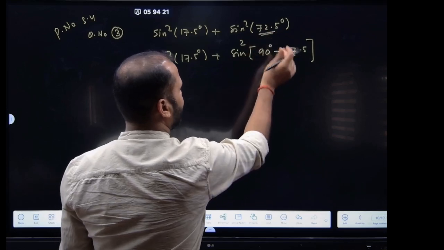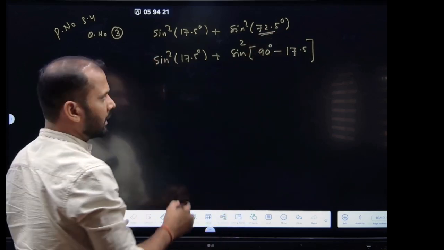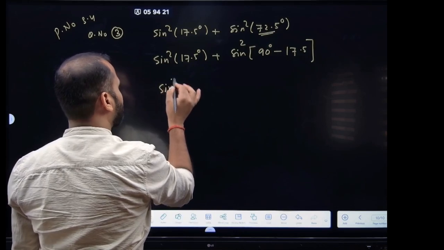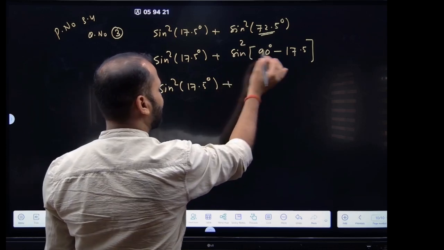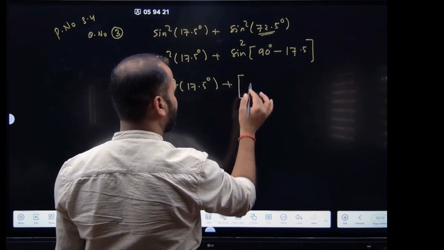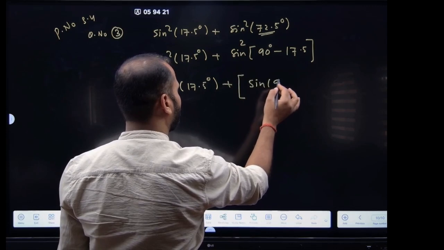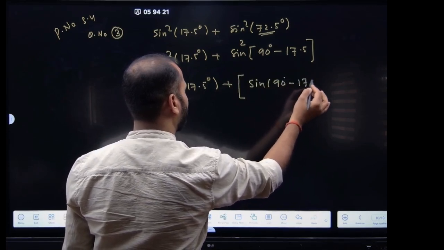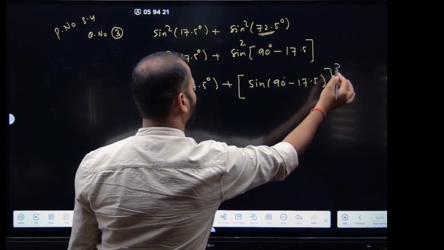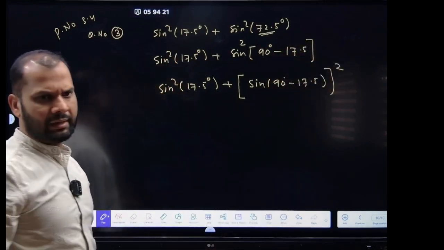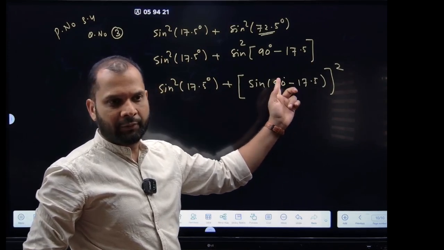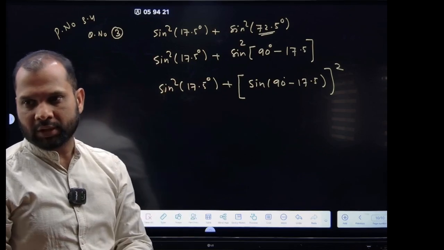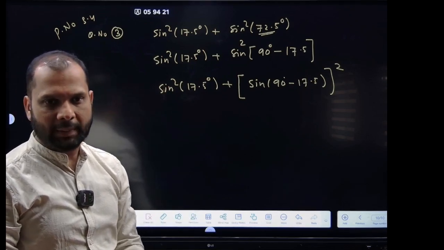This angle I am trying to write like this. Why? Because this will be sin square 17.5 degree plus, now sin square of 90 degree minus 17.5, the whole square outside also I can write. Just now I taught you, if it is 90 minus theta, it will convert into cos, odd multiple of 90.